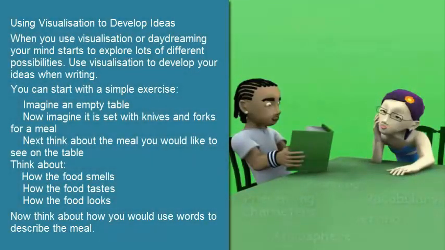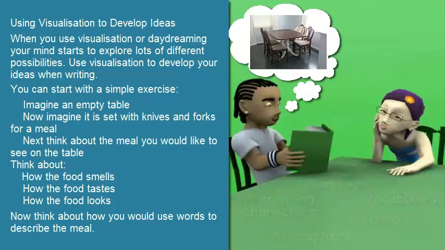Using visualization to develop ideas. When you use visualization or daydreaming, your mind starts to explore lots of different possibilities. Use visualization to develop your ideas when writing. You can start with a simple exercise. Imagine an empty table.